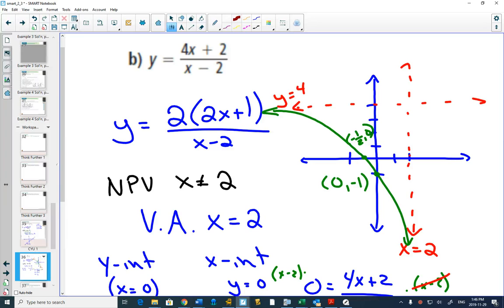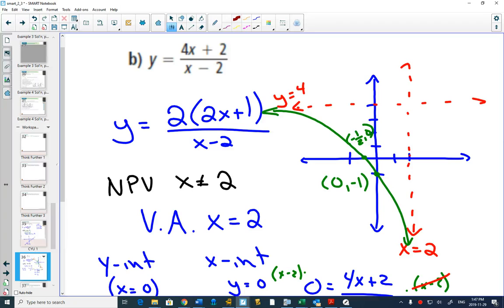That being said, when finding nice points, you have to have some points in every section of your domain. Right now, do you see that we only have our graph when x is less than 2? We need to have at least one point when x is bigger than 2. So I'd probably choose 3. What happens when you plug in 3?